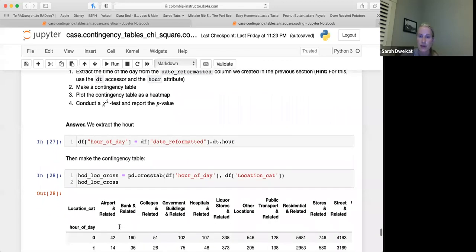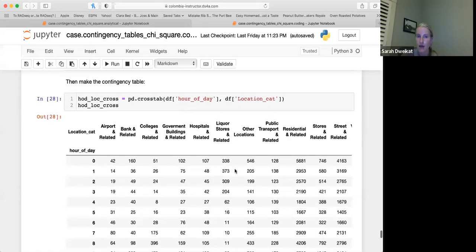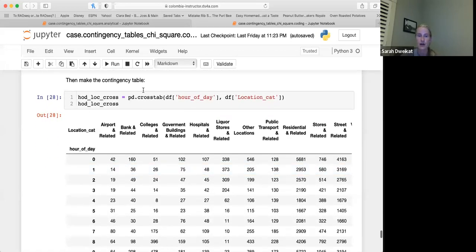This is very similar to what we did in the last one, where instead of using dt.dayofweek, we use dt.hour to pull out the hour that the crime occurred. And then we again can make our contingency table with hour of day and the location.